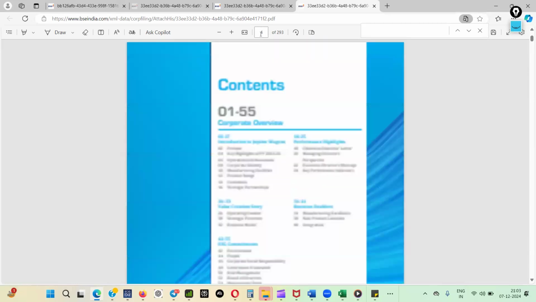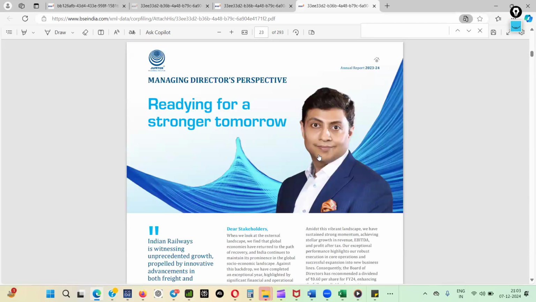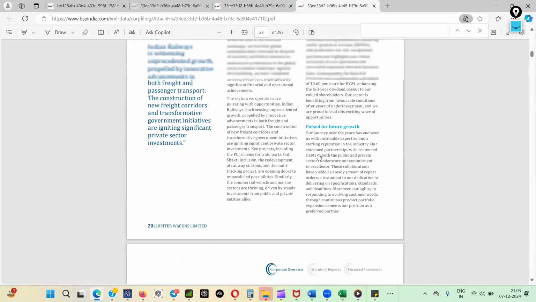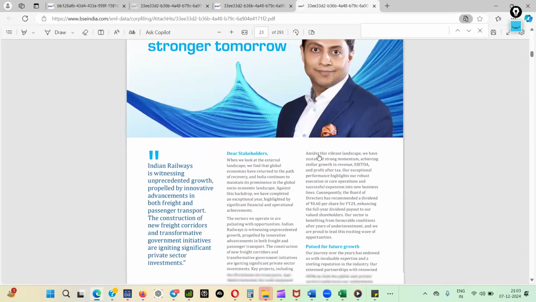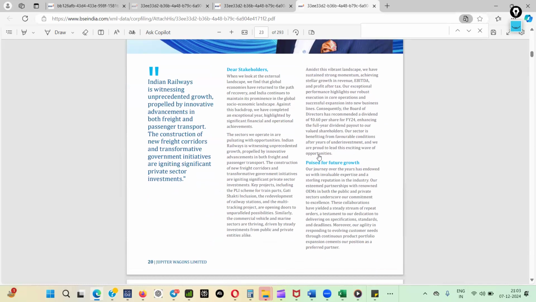This particular page is getting stuck, a little slow. So see, the managing director's perspective: he's the key person who is giving most of the time at the AGM and attending the conference call. What is his view? Points for future growth. Our journey over the years has endowed us with invaluable expertise and a sterling reputation in the industry.